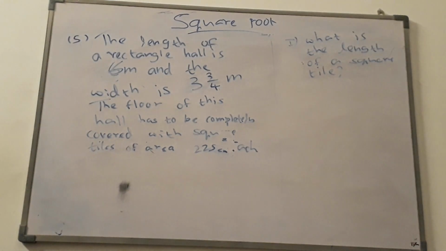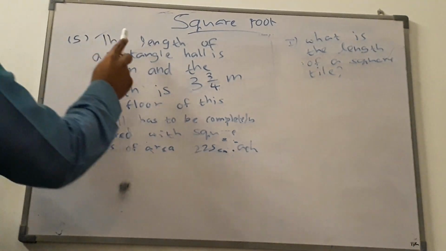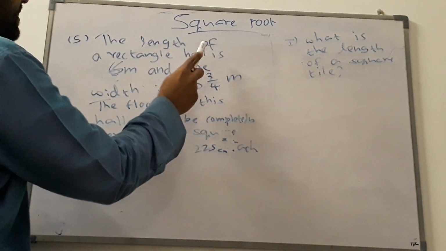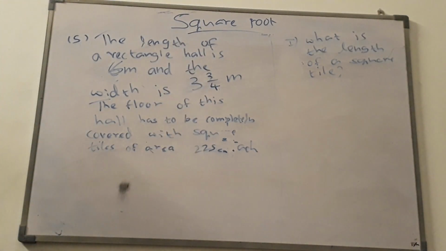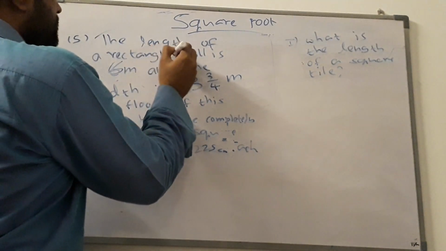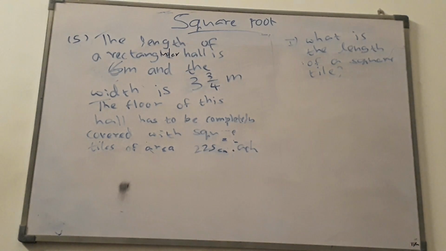Okay. Fifth sum. The length of a rectangular hall is 6 meters and the width is 3/4 meters.